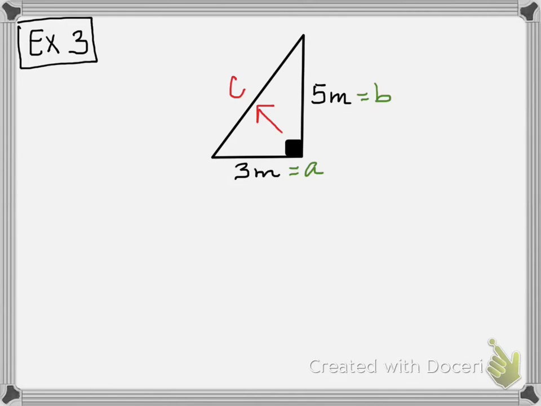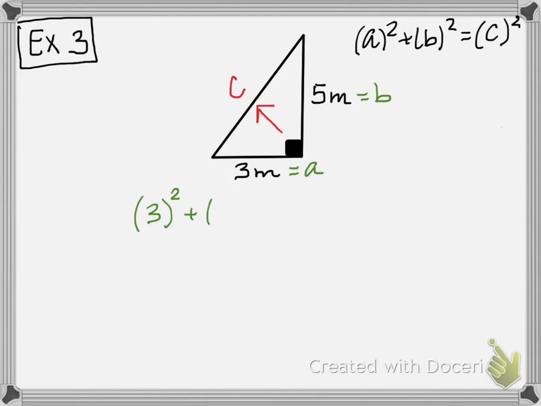Okay, our formula, just as a reminder again, is A squared plus B squared equals C squared. So we're just taking everything that we know and plugging it directly into our formula. So let's start with sides A and B. So A is 3 squared plus B is 5 squared, and that equals side C, which we don't know, so we're going to leave it as C squared.